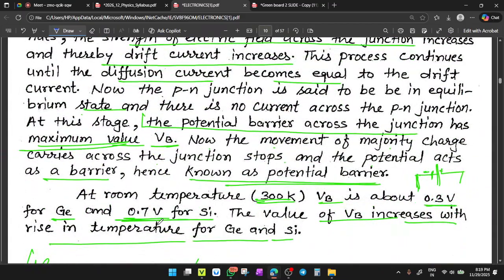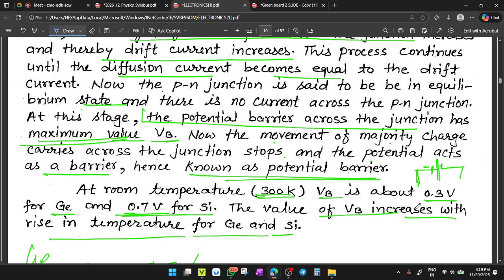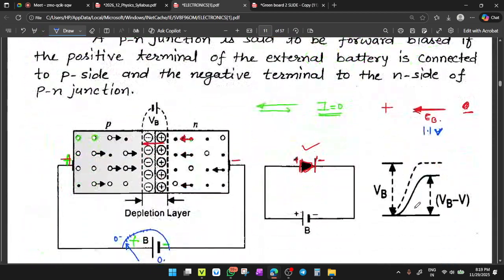Sorry, for germanium it is 0.3 volt, and for silicon it is 0.7 volt, not 1.1. 1.1 electron volt is the energy gap.